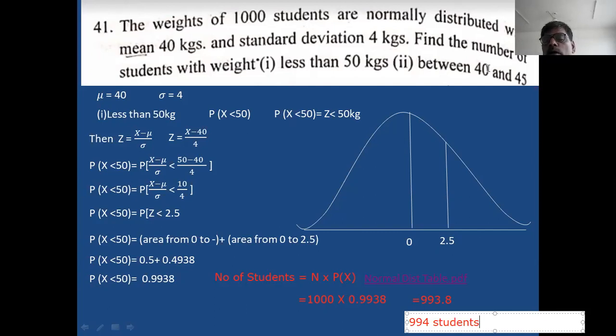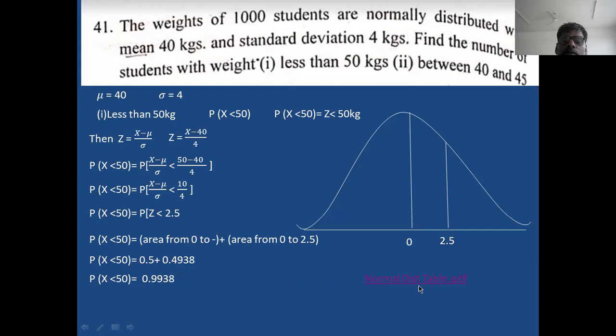Come to the second question. The second question is between 40 and 45. So I will solve the second question in the next page. Between 40 and 45 means 40 kg to 45 kg weight.